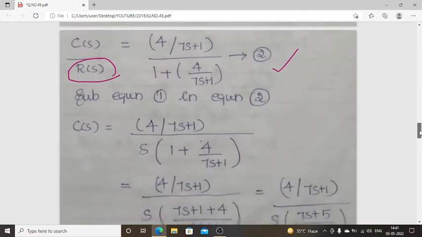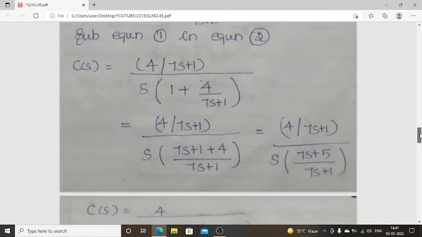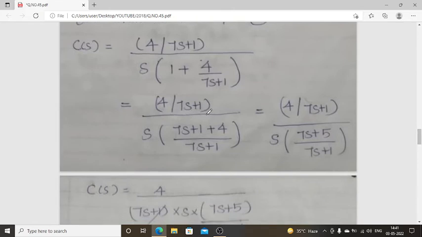So what is the C of s here? 4 by 7s plus 1 divided by s into 1 plus 4 by 7s plus 1. So here 4 by 7s plus 1 whole divided by s into, take LCM here, 7s plus 1 plus 4 by 7s plus 1.